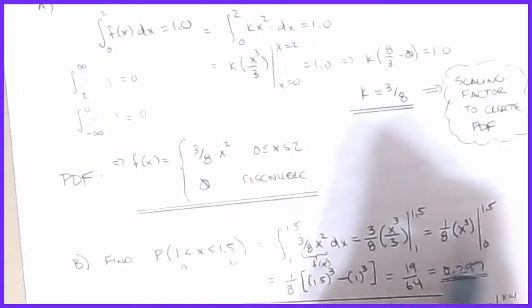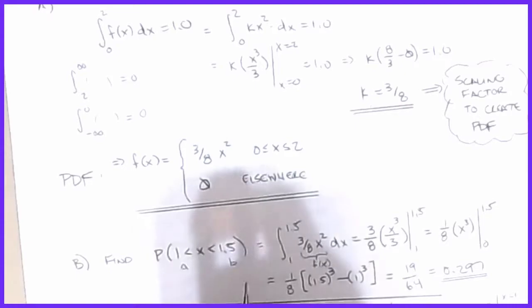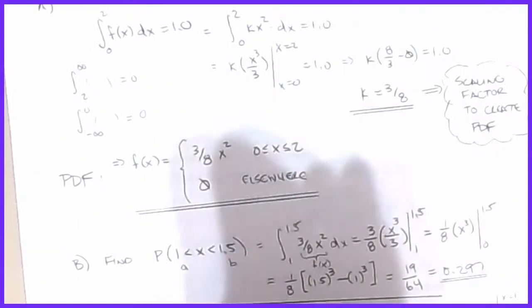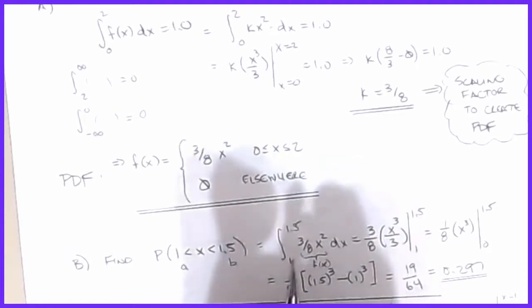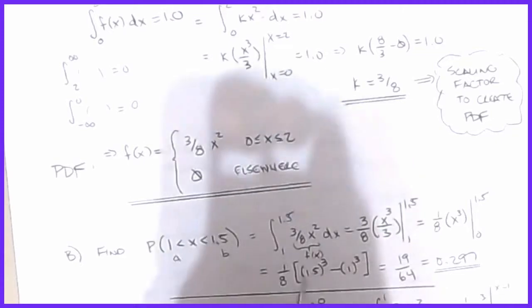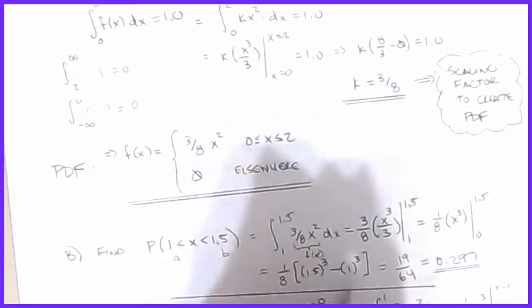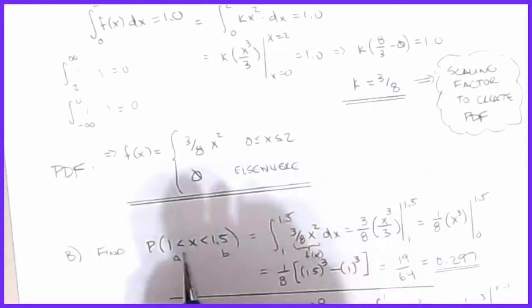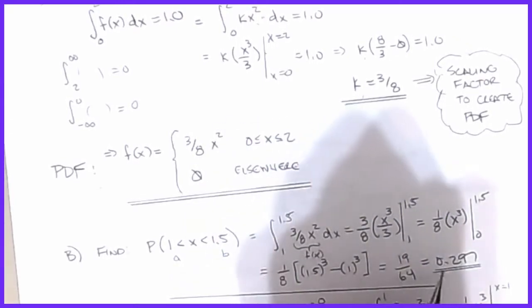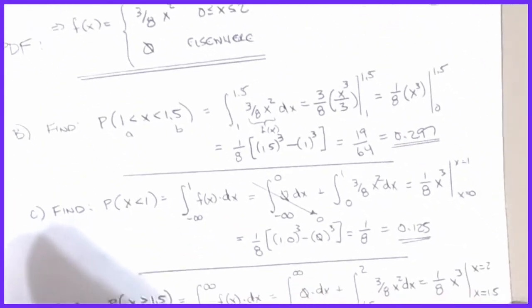So I'll save you some of the actual calculus steps. If you're having issues with that, we'll get some videos up to help with that eventually, but hopefully basic integration is just power rule stuff. I'm going to assume that you know how to do that. Okay, so when we do that and I go through and do the math on this, I'll find out that this integral between those ranges evaluates to 19 over 64, or 0.297, about 29.7%.